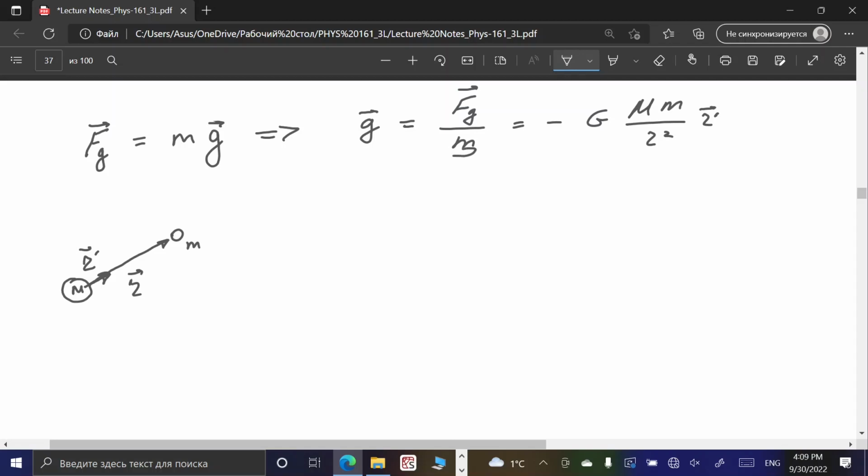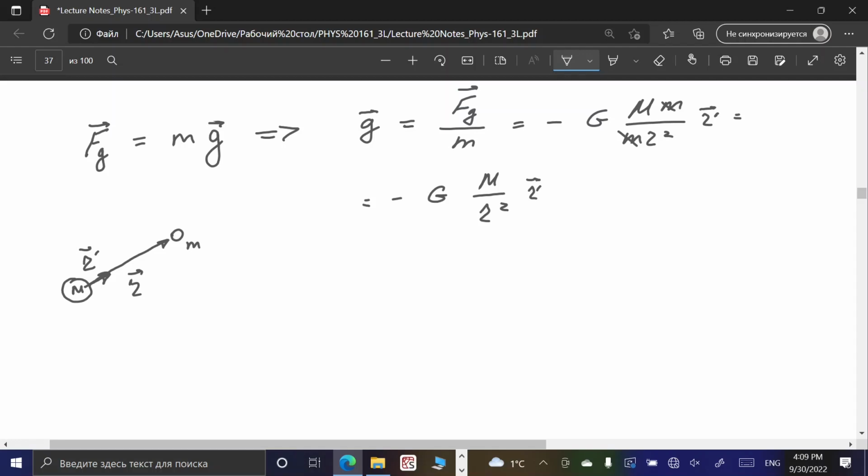Also, we should not forget about this mass here, m. So we should put it here, we cancel it out, and eventually we get for the strength of gravitational field minus g times capital M over r squared times r prime unit vector.